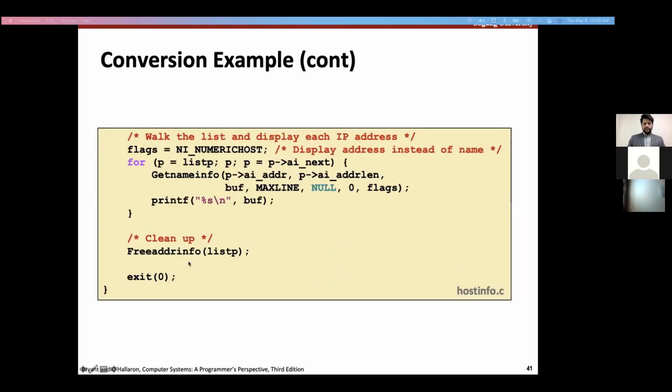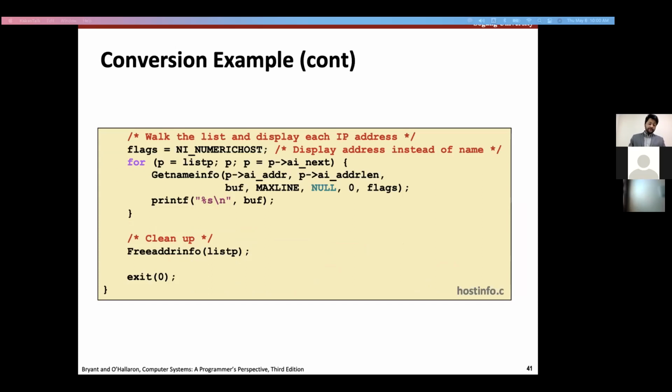After the call to get address information, we walk the list, looping over the address information structures, and we use get name info to convert each of the socket addresses to a dotted decimal address string. So we call get name info, passing these ai_addr addresses there. After walking the list, we are careful to free it by calling free address information.